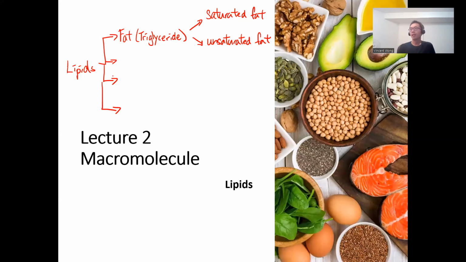That's all. The second kind of lipids that we will look at is phospholipid. Phospholipids. Okay, and there's only one type, fortunately. And then we will talk briefly about wax as well as steroids.